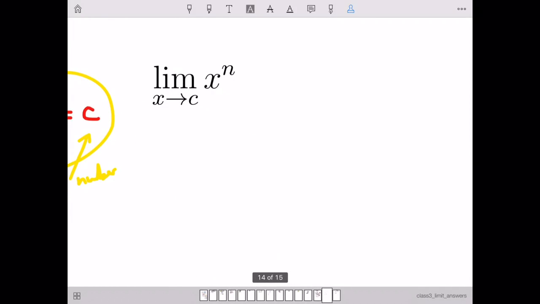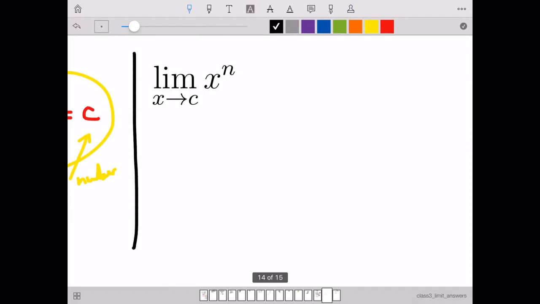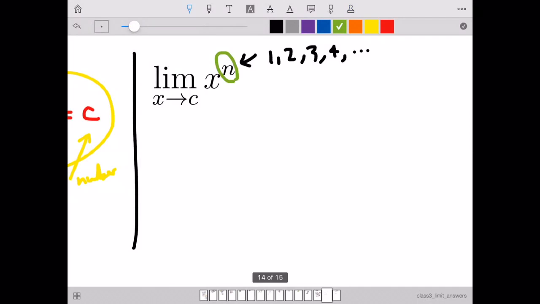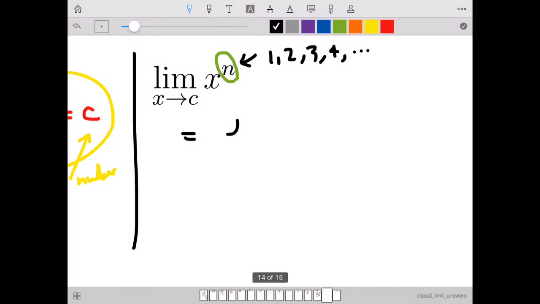Limit x approaches c of x to the n, where n is a natural number: 1, 2, 3, 4, etc. So this is a power function. By what we just did, by limit law, limit of the product is the product of the limits.